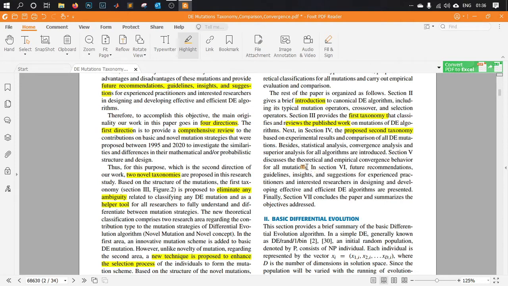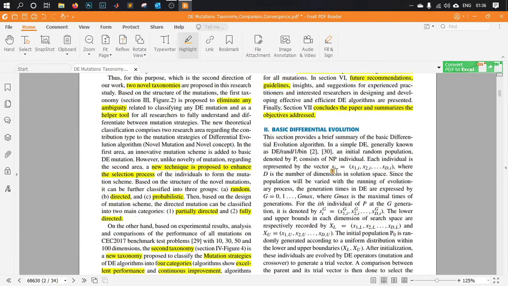And in section 5, they discuss the theoretical and empirical convergence behavior for all the mutations. And this is not the last section, but in section 6, they give future recommendations, guidelines, etc. And in the final section, they just conclude the paper and summarize this. Okay.